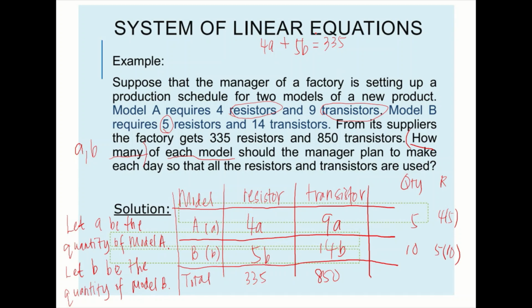And now 9A plus 14B should be 850. Now we have a system, and we are going to solve this system to find how many of model A and how many of model B should be produced.